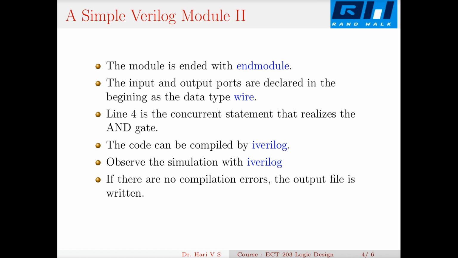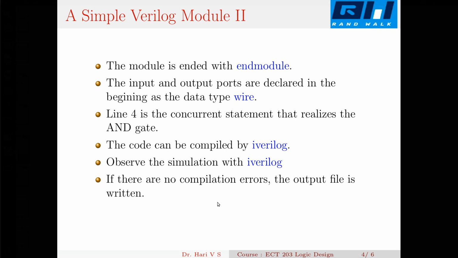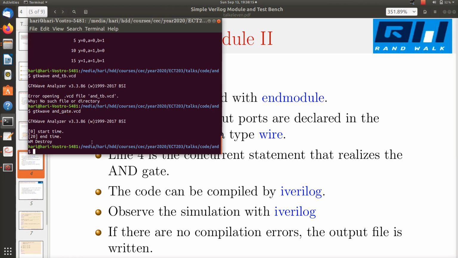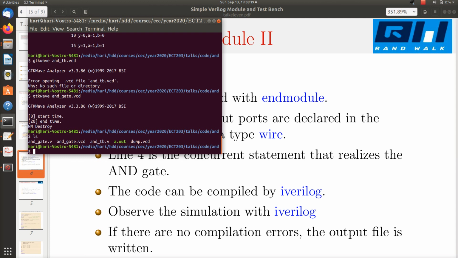This code can be compiled by iVerilog. If there are no compilation errors, the output file will be written, and I will show you how this compiling is done. Here I go. My code resides here. It is andgate.v, a file there.